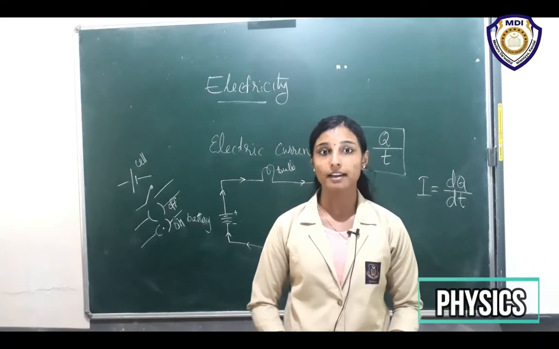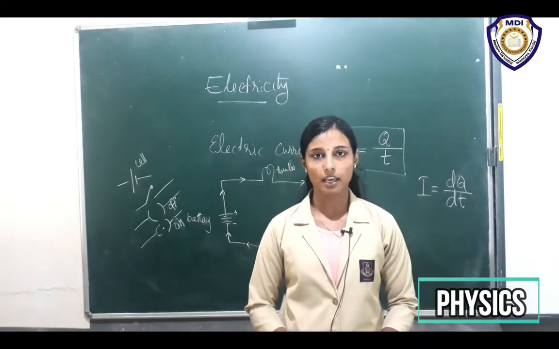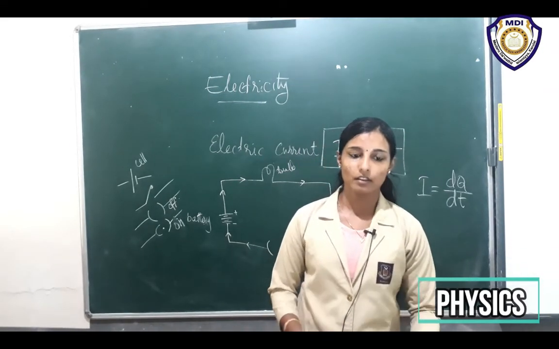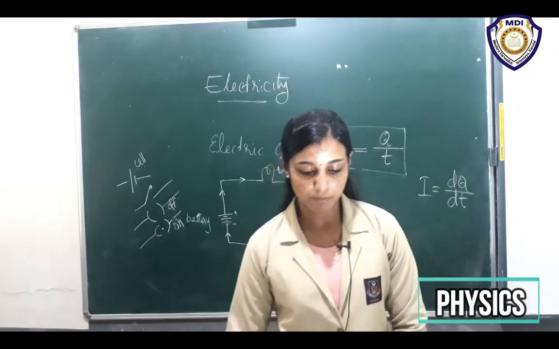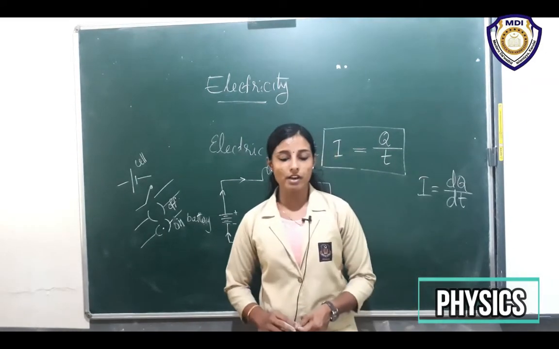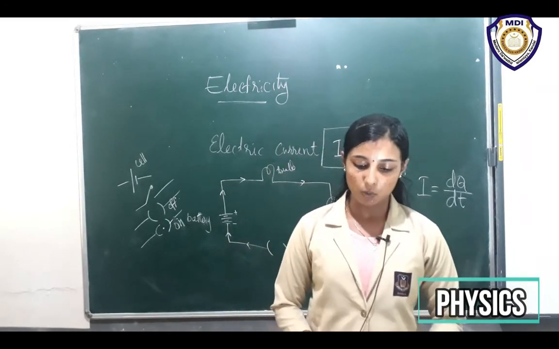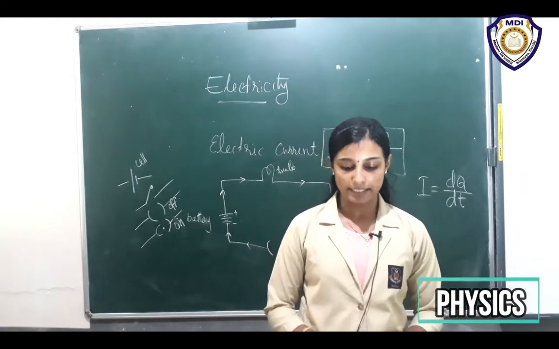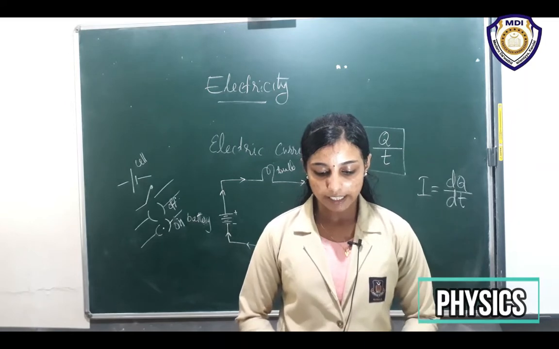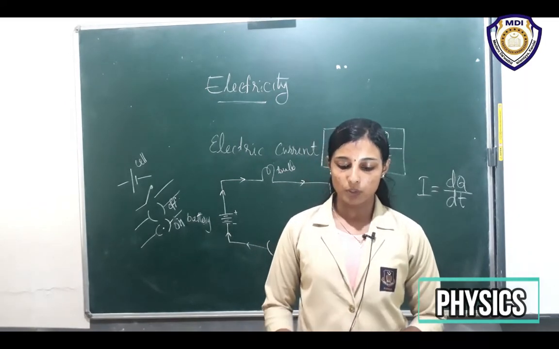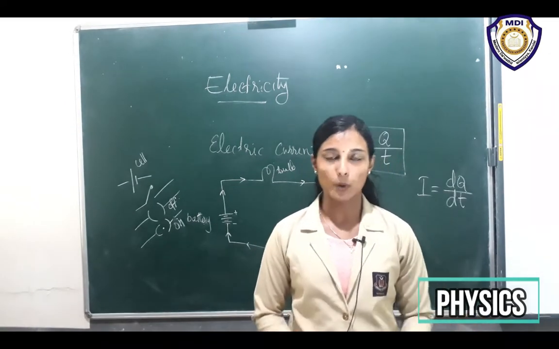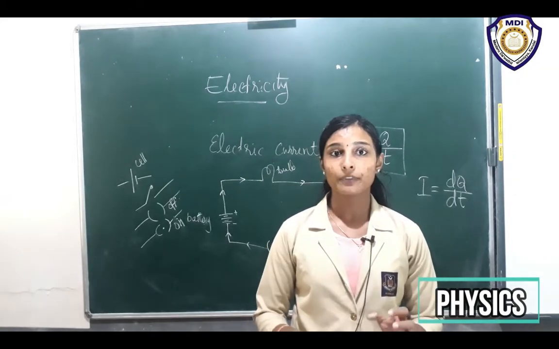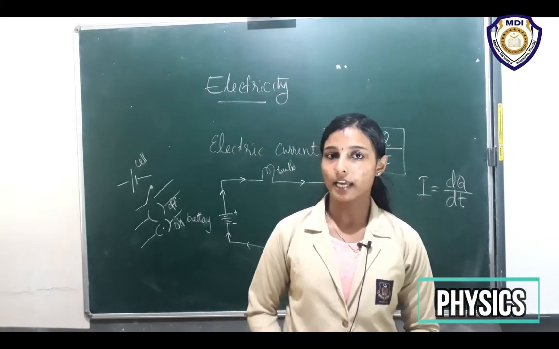So our conventional current is opposite to that. Okay, so that is said in your textbooks. If a net charge Q flows across any cross section of a conductor in time t, then the current I through the cross section is I is equal to Q by t. So that is the flow of charge per unit time.